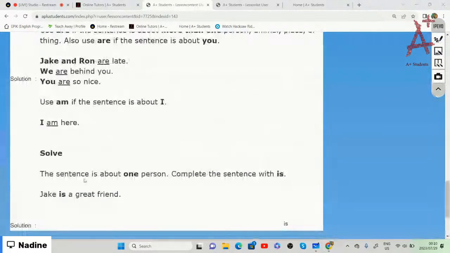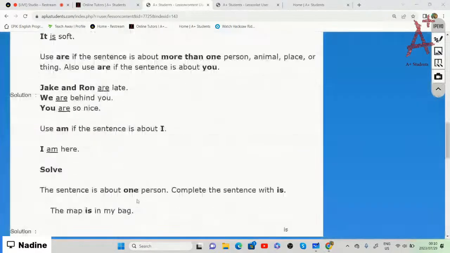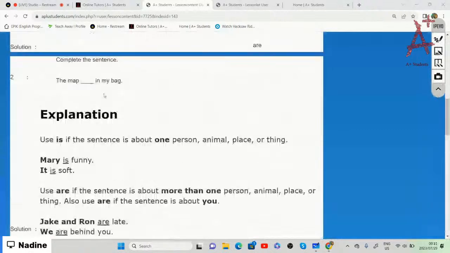All right, so here it says that the sentence is about one person, which is Jake is a great friend. The map in my bag. So the map is in my bag, which means that we are going to use the word is.